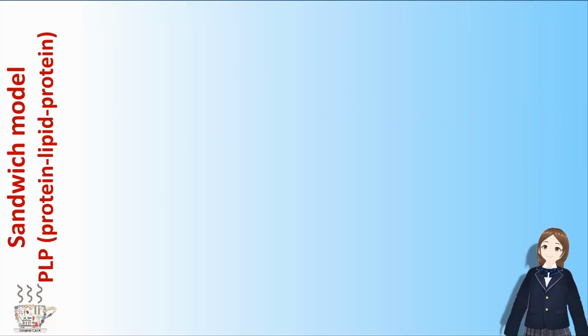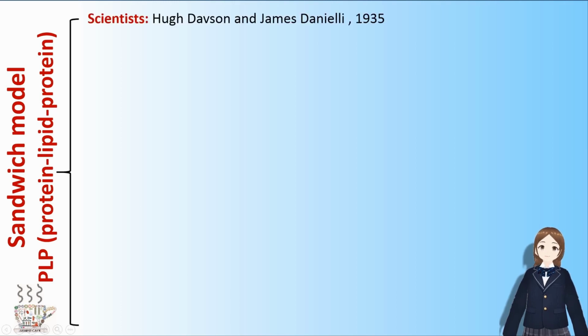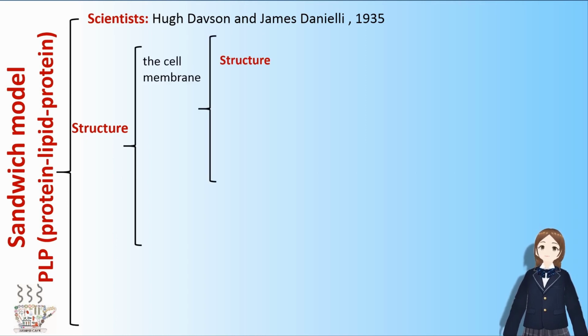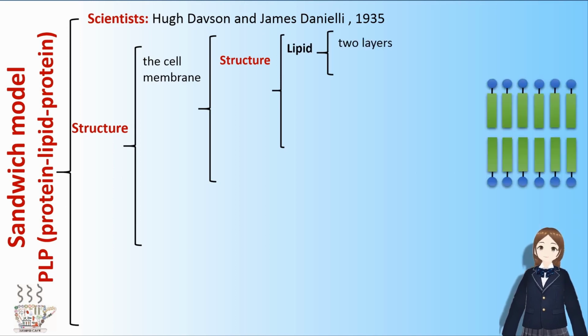The next model is the sandwich model, or PLP, protein-lipid-protein. Hugh Dawson and James Danielli discovered this model in 1935. According to them, the cell membrane has lipids, that are 2 layers, and composed of phospholipids.